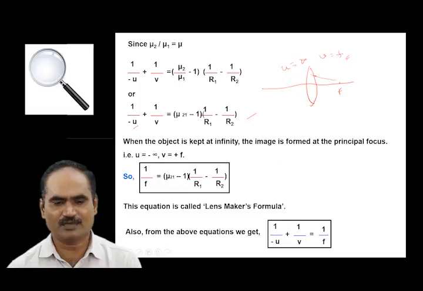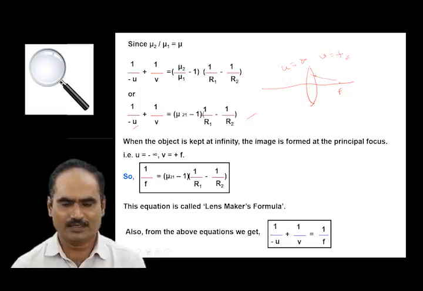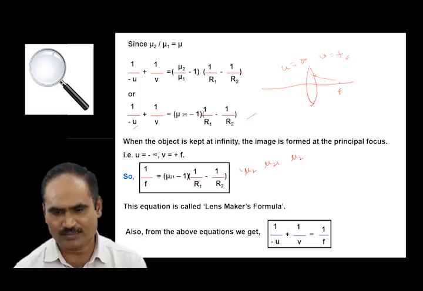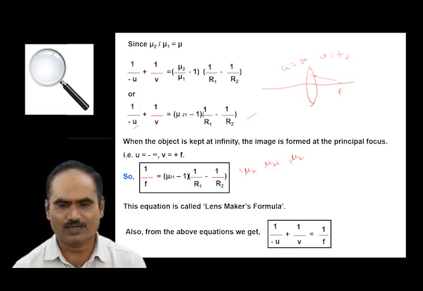So this is called the lens maker formula, right? And another thing, let me clarify your doubt: some people write mu2 with respect to 1 like this, or some people write it as mu2 1, or mu2 with respect to 1 like this. All are the same, no need to hesitate, right?